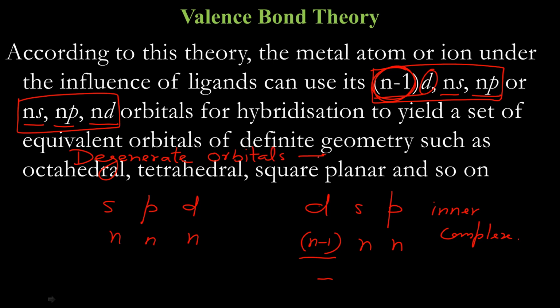Degenerate orbitals means same energy. I am writing same, but it is almost the same energy. Other orbitals will not combine to form hybrids. So hybrids will be formed only by those orbitals which have equivalent energy.